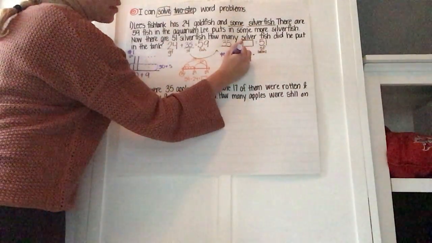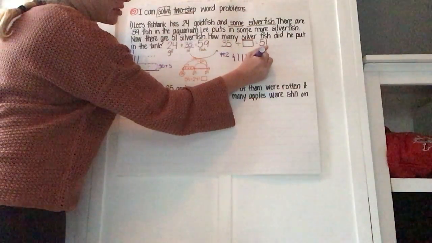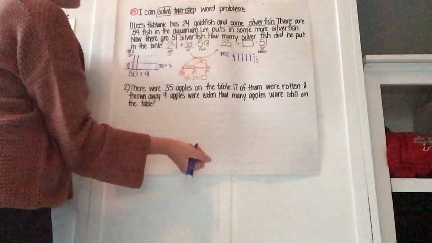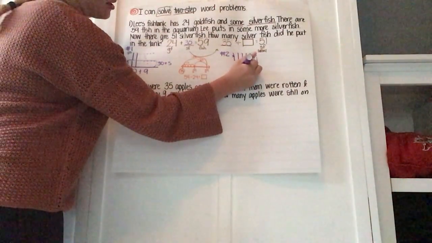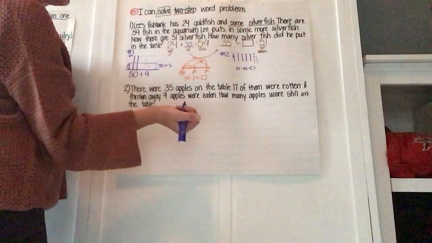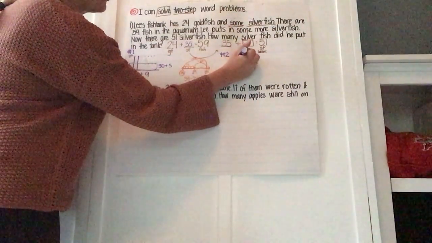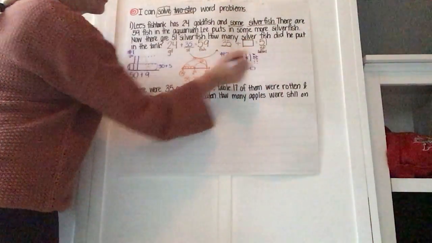Okay, so you crossed off that, and you made 10 more. 1, 2, 3, 4, 5, 6, 7, 8, 9, 10. Okay. I'm going to write that 51, take away 35. That's your action that you're using, right? So you're taking away 3 10s, 10, 20, 30, 1, 2, 3, 4, 5 ones.